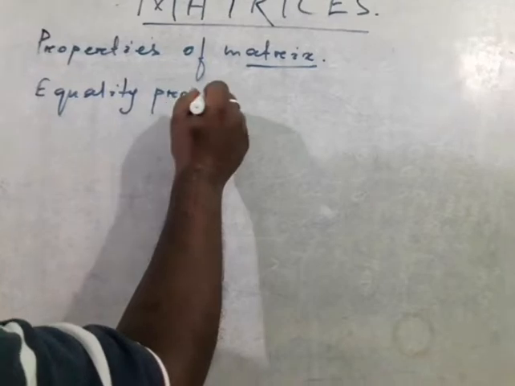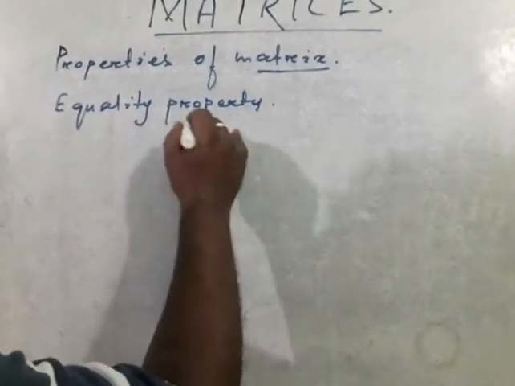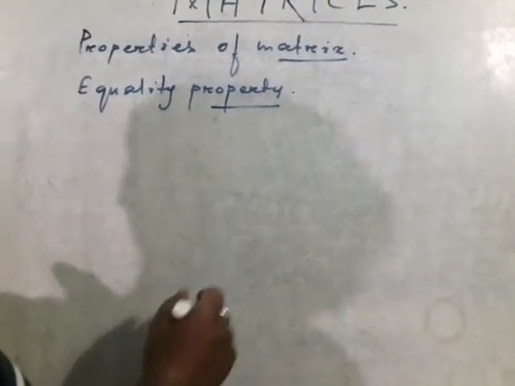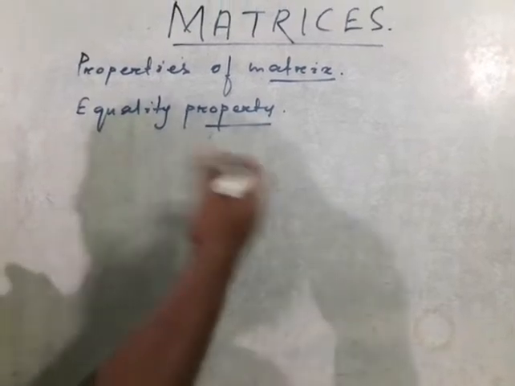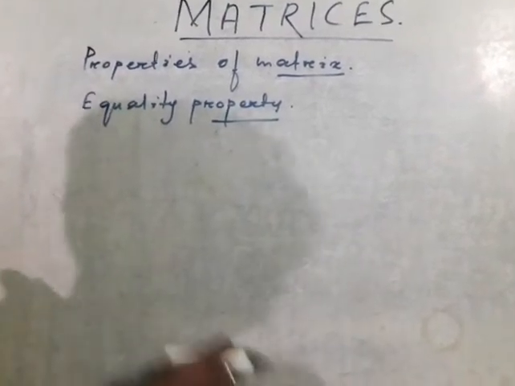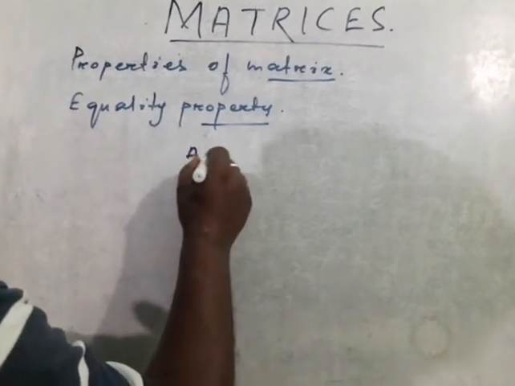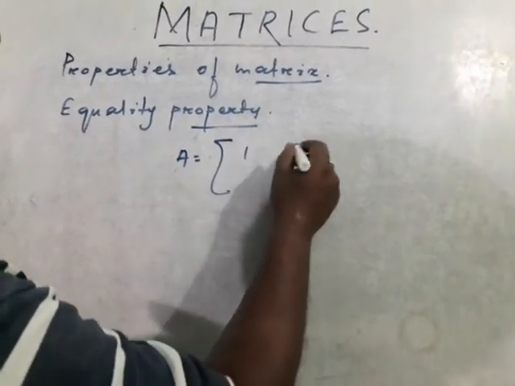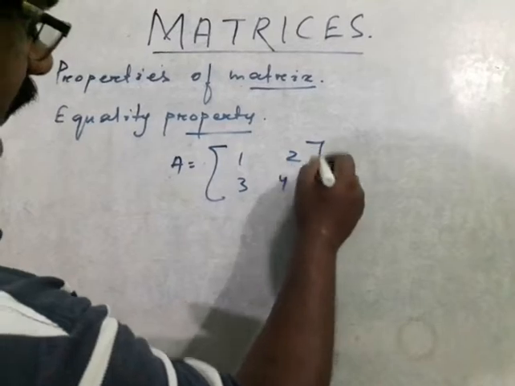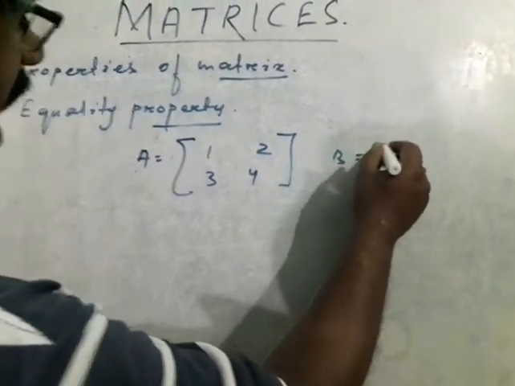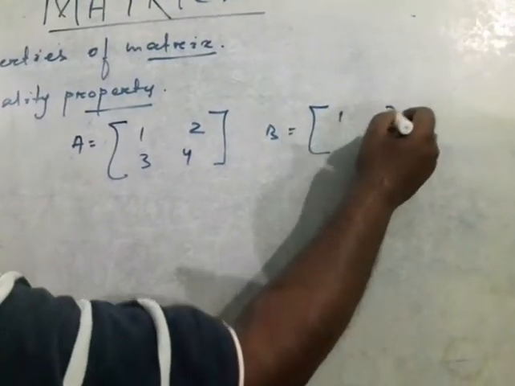Equality property. Two matrices are said to be equal only when the orders of the matrices are equal and also the components are equal. Let us consider that A is equal to 1, 2, 3, 4 and B is 1, 2, 3, 4.